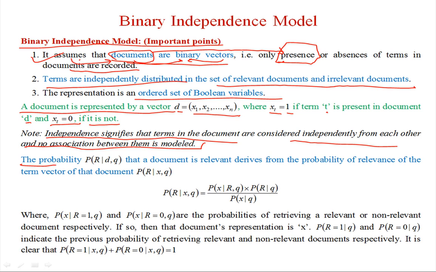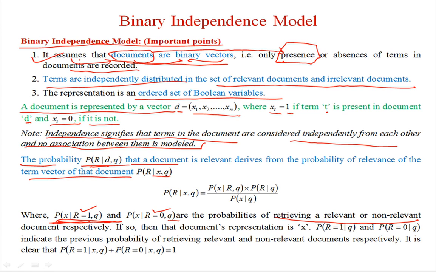The probability P(R | D, Q) that a document is relevant is derived from the probability of relevance of the term vector of that document. First, we will discuss some descriptions: P(x | R=1, Q) and P(x | R=0, Q) are the probabilities of retrieving relevant or non-relevant documents, respectively.